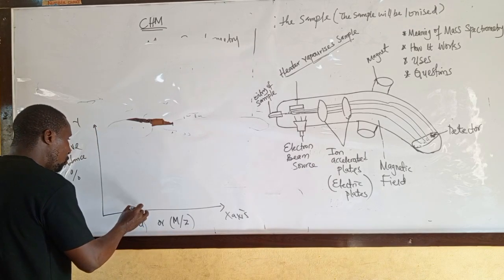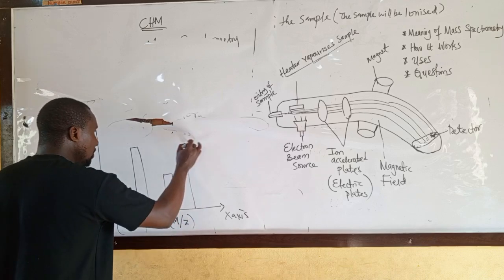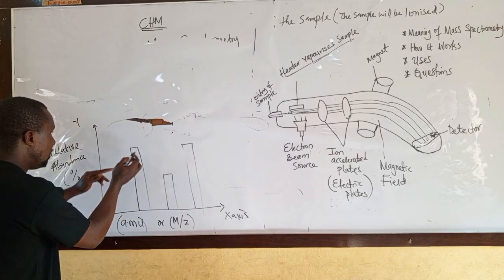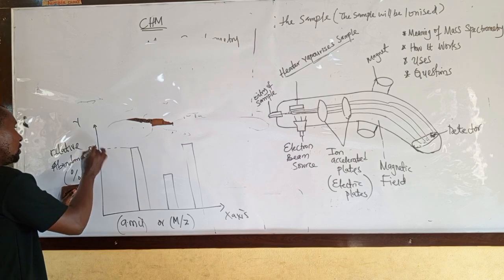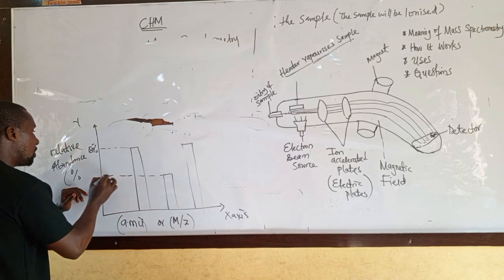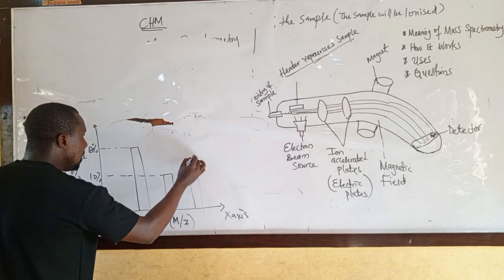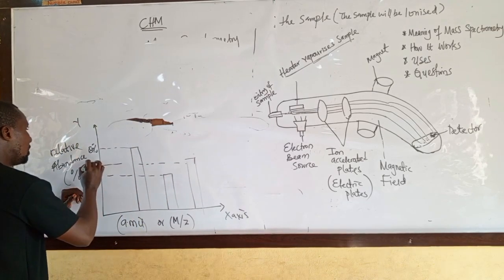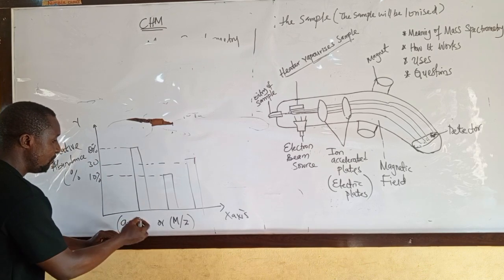Then what will happen? You have one sample like this, you can have another sample, and another sample like this. Depending, the relative abundance of this one can be, let me say, 60%, this one 10%, and this one 30%.